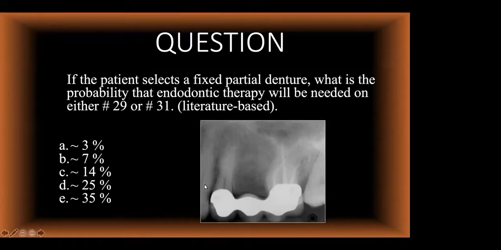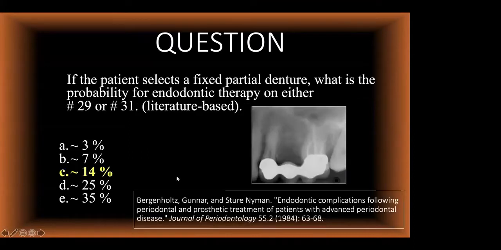So why did I even put this in there? Well, the reason I put this in there, the literature is about 14%. Some studies are a little bit higher, 15, 16, and some are a little bit lower, but probably an average is about 14%. Why is that important?